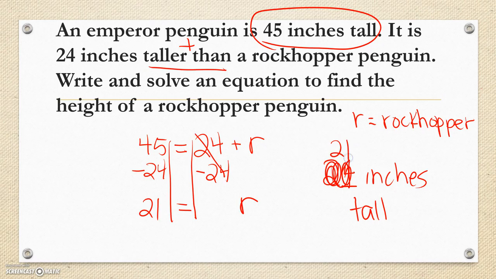Which makes sense if we think that the emperor penguin is taller than the rockhopper penguin, so that rockhopper penguin should be shorter than the emperor penguin's height.